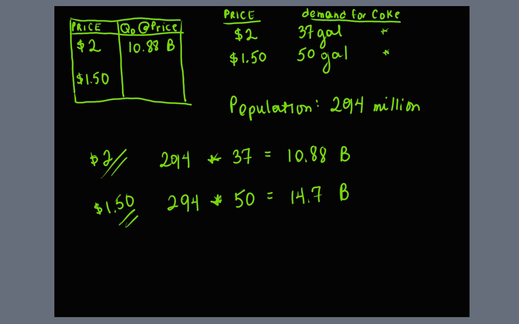And the problem doesn't ask us to, but we can think of our demand curve, which would just graphically represent our market demand schedule. So we'd have price here. This is our supply and demand model.